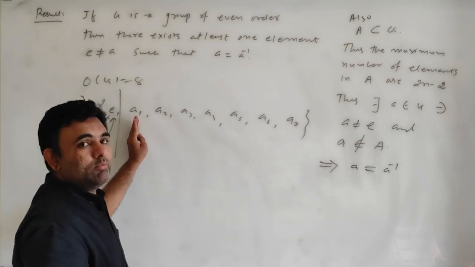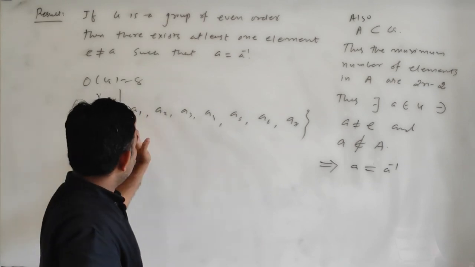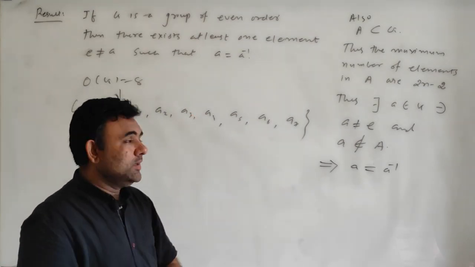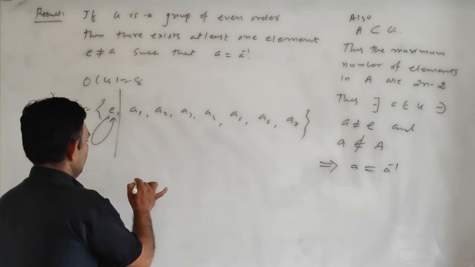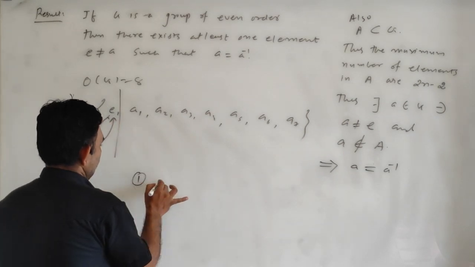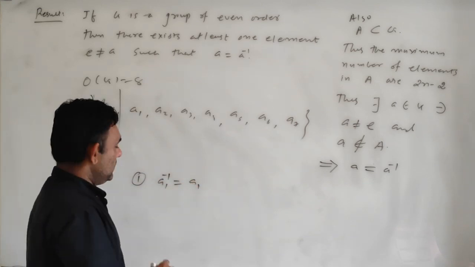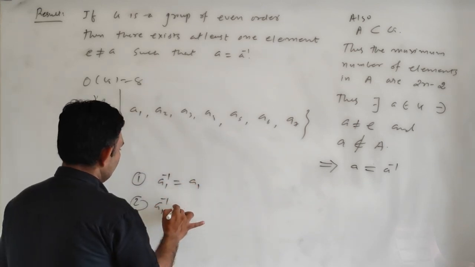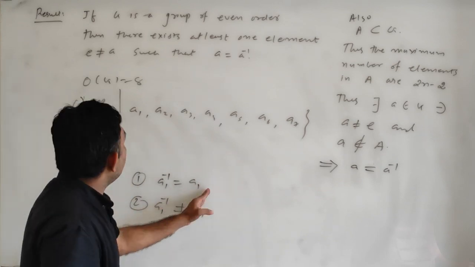Now a1 must have an inverse, because we are working in a group. So there are two possibilities: first, a1 inverse is a1, and second, a1 inverse is not equal to a1. If a1 inverse is equal to a1, then we are done.